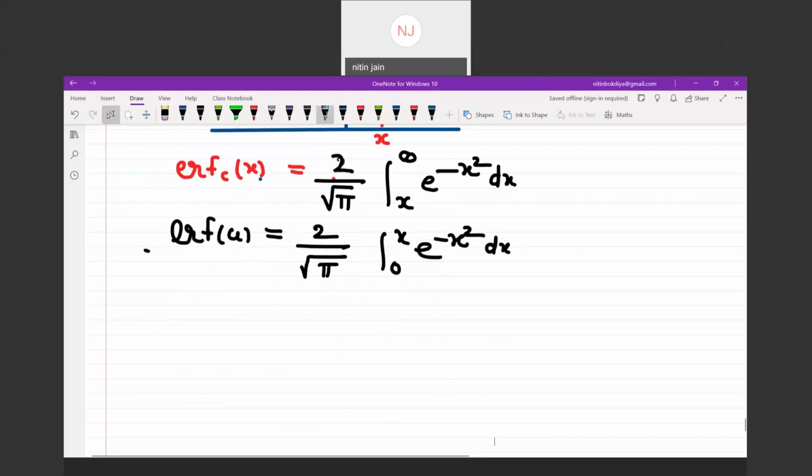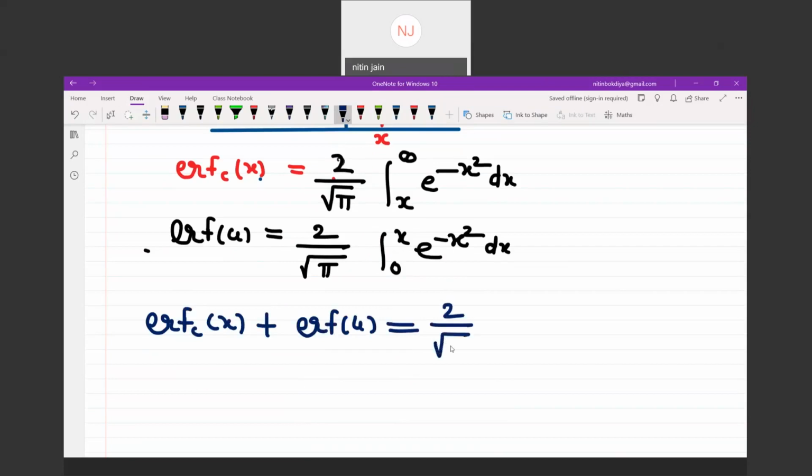So the property of Gaussian function is this: ERFC of x plus ERF of u is equivalent to 2 by under root of pi, 0 to infinity e to the power minus x square into dx.